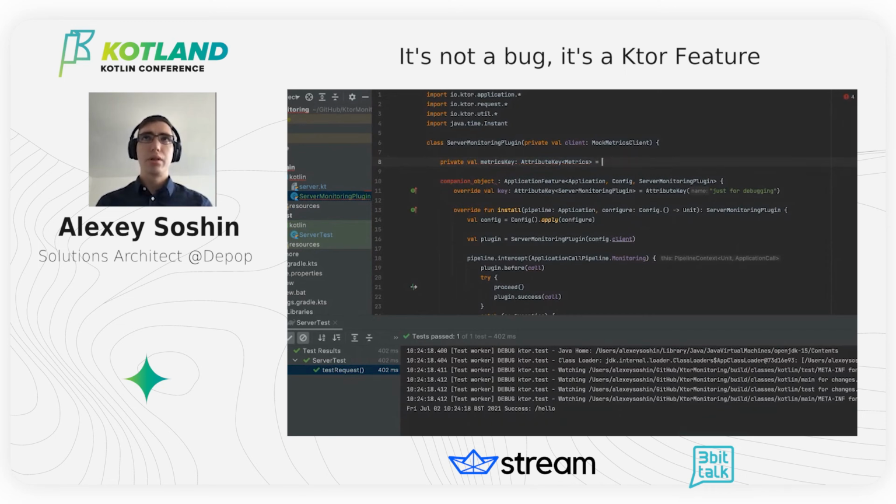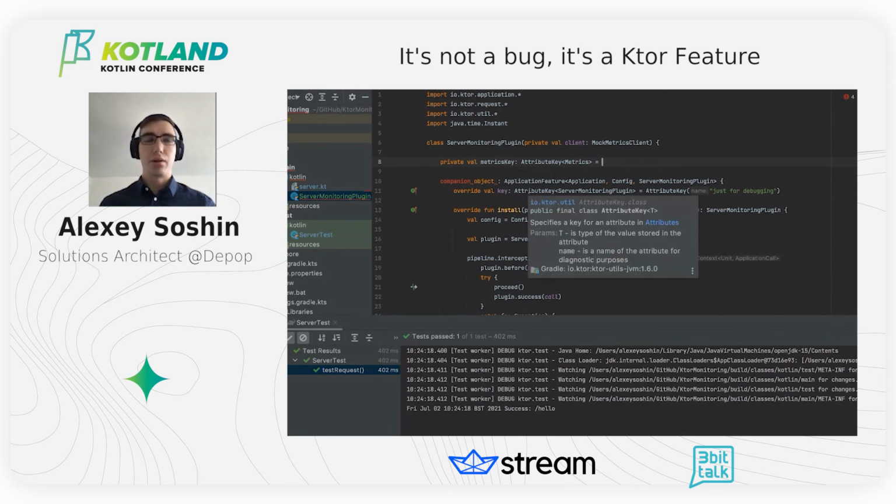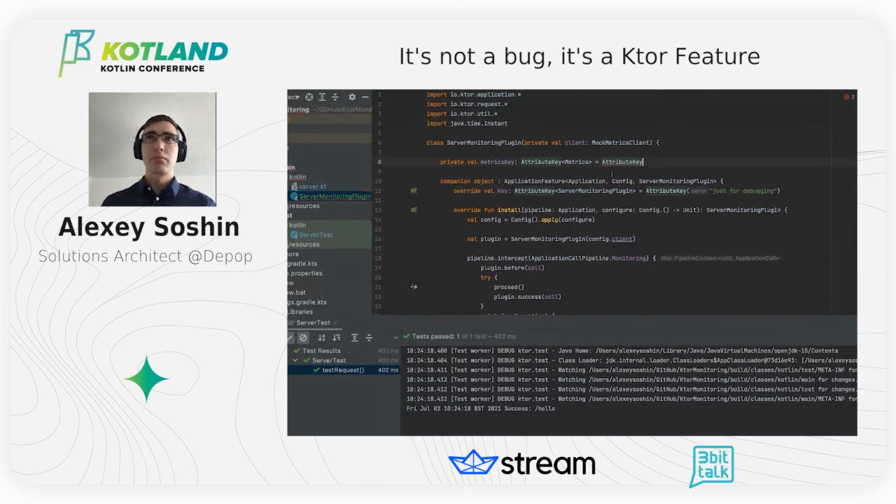You can see this is again an attribute key, similar to what we used to register our plugin itself. Again, the string is just for debugging, but you can and should give some explanation what this attribute key stands for.